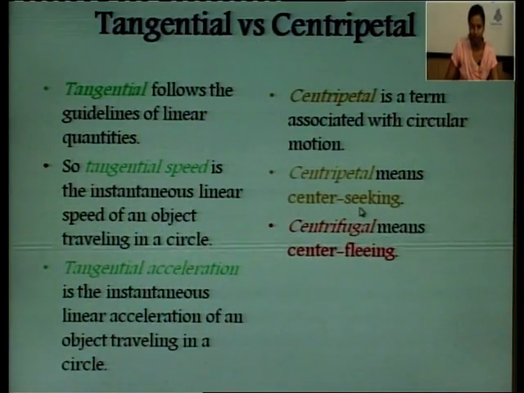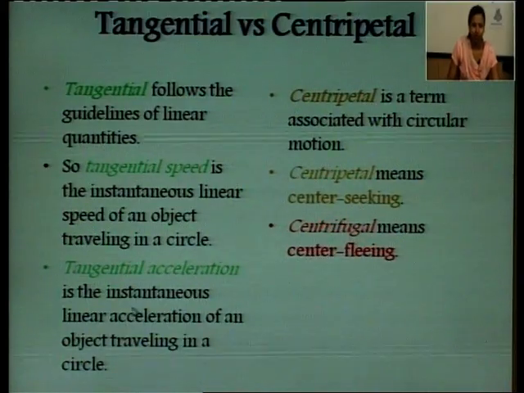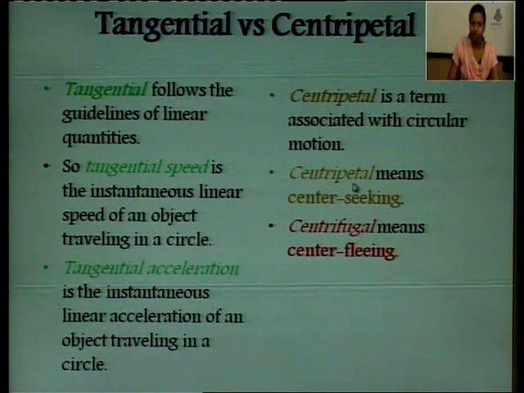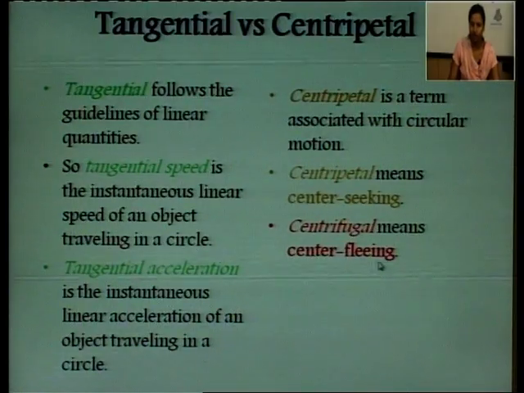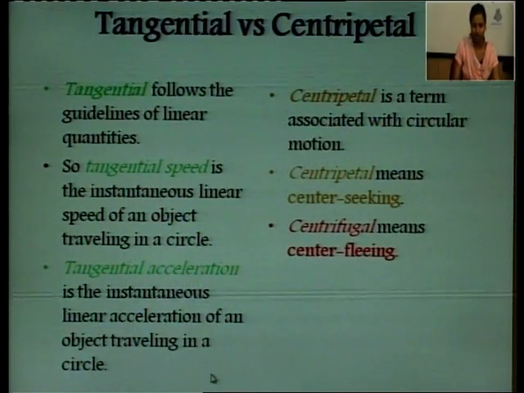Center seeking means it is always towards the center. And the third term we will now discuss, centrifugal force. It is opposite to the centripetal force. It is center fleeing. Fleeing means opposite to the center, away from the center. And tangential acceleration is the instantaneous linear acceleration of an object travelling in a circle.